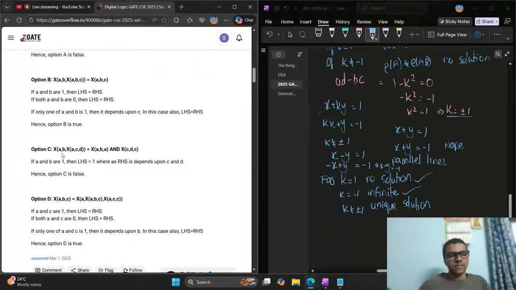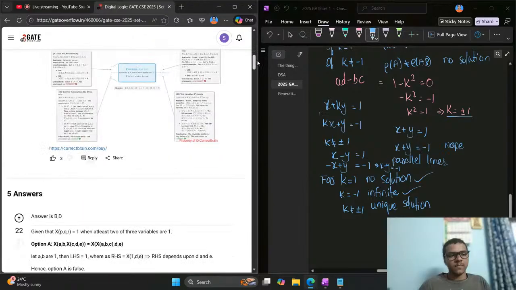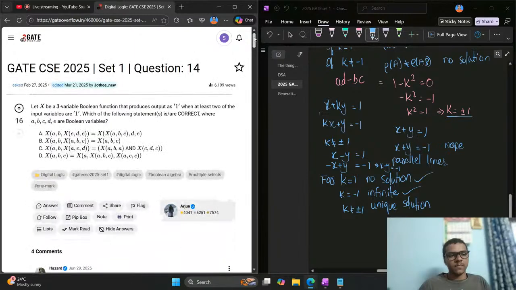Dependencies. If you make AB as 1, it will be 1, and it is dependent on, say, if you make BC as 1, this will be 1.